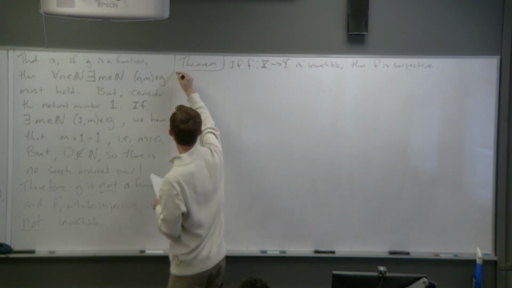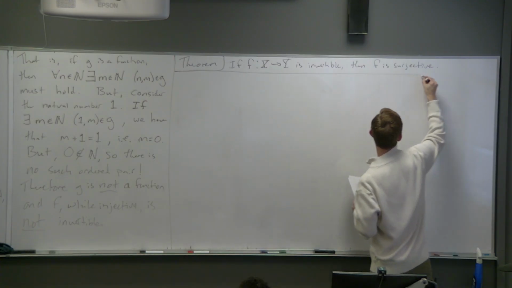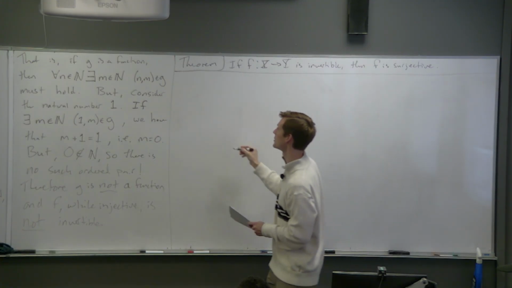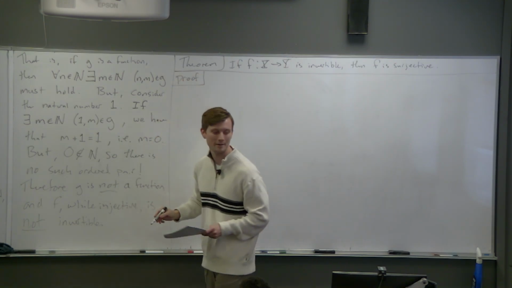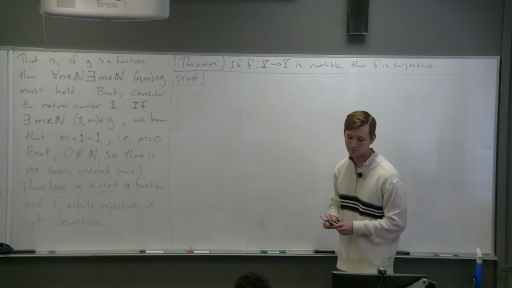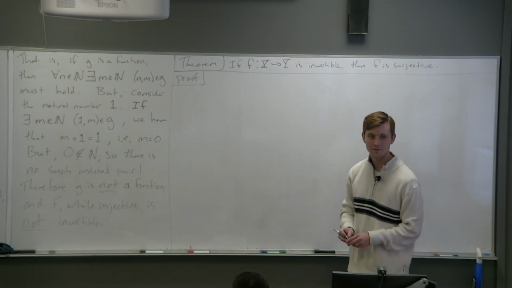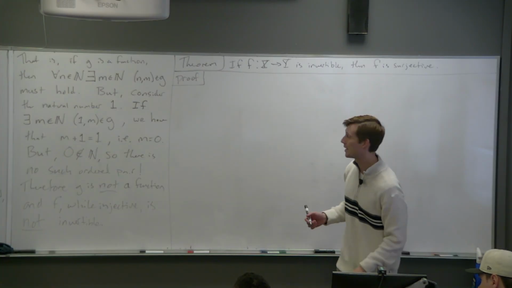So a function from a set X to a set Y that's invertible has to be surjective. Proof? How would you go about doing this? Would you perhaps do the same kind of trick as before? Prove the contrapositive? Let's do it.